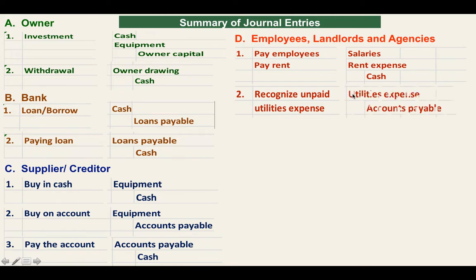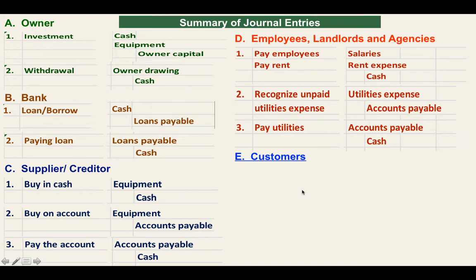So we debit the utilities expense, what we have already availed of, and credit a liability, accounts payable, the obligation to pay. Okay? And if we are going to pay this accounts payable, we debit this accounts payable and then credit cash.